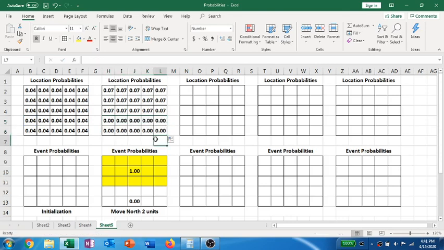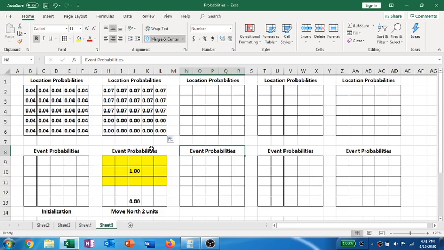Now, here's always the great double check that you can do with probability. Because of our second axiom that everything adds up to 1, we can select this whole space, and if we did our stuff right, we should see that our sum is 1, which is what happened there. So let's just apply this one more time.